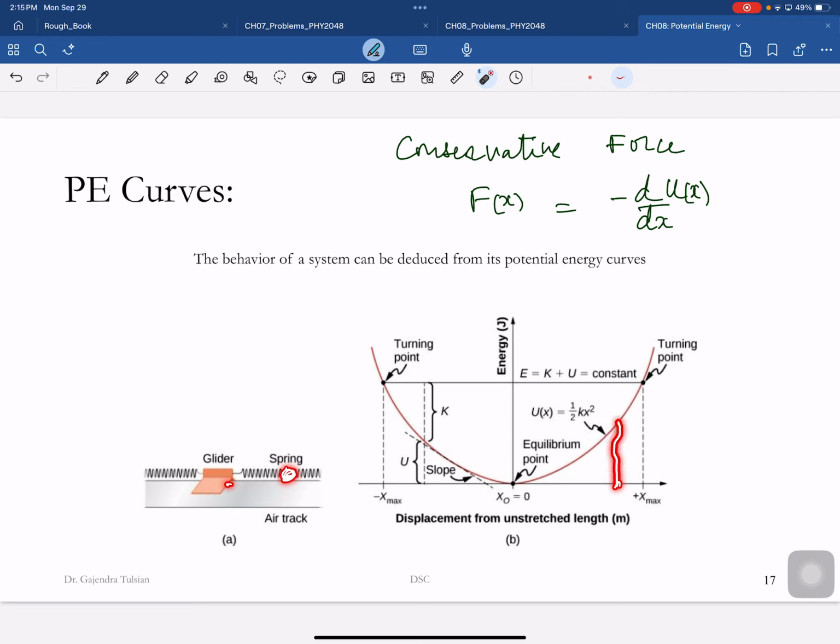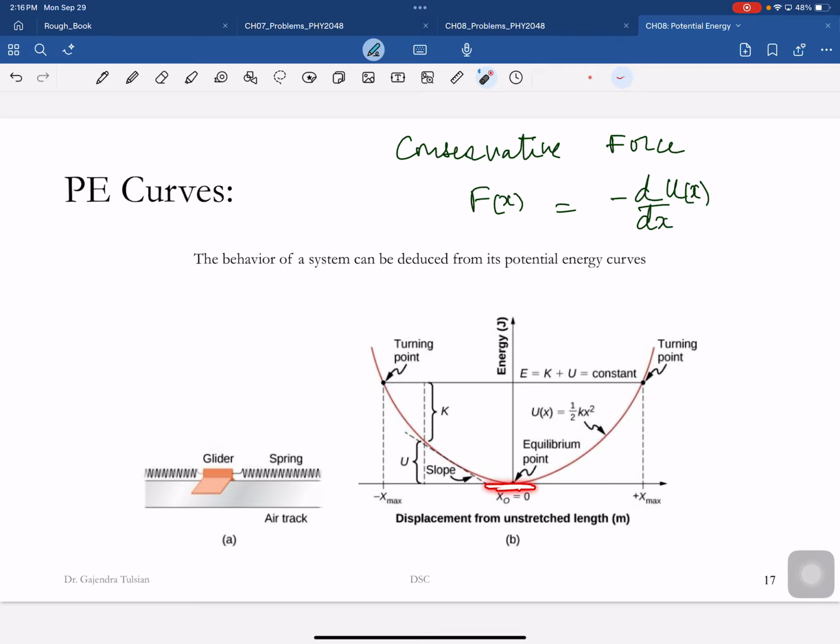You take du by dx, which is the slope of this line. Negative of the slope gives you the force. This slope is positive, so the negative tells you that the force on this system is in this direction. When the object is over here, the slope is negative, and negative of negative is positive, so the force is in that direction. So if you have the potential energy curve, you can calculate the force wherever the system is.